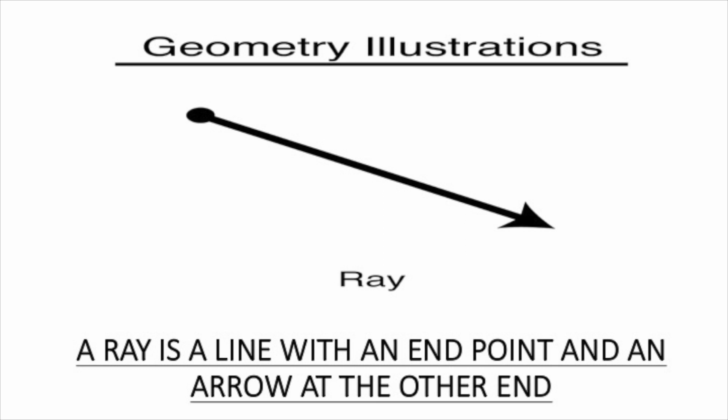A ray is a line with an end point and an arrow at the other end. And what does the arrow tell us? It tells us the direction the ray or the line is going. Yes, you can see this line will continue going this way because that's the direction the arrow is pointing.